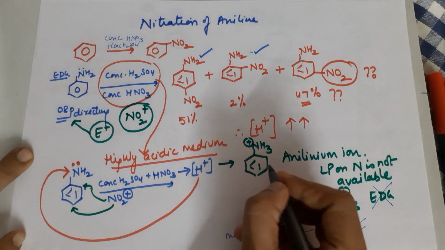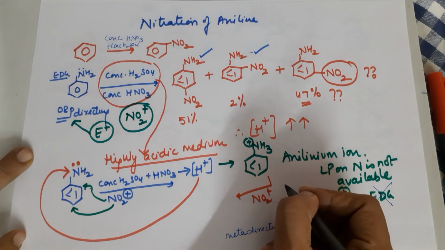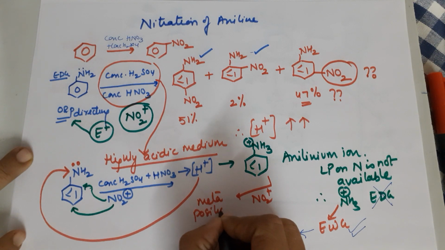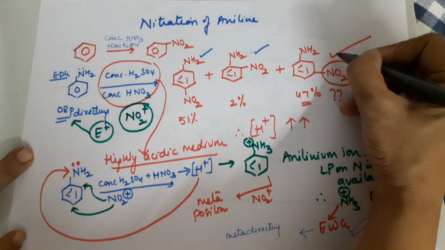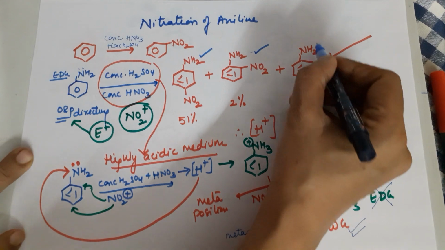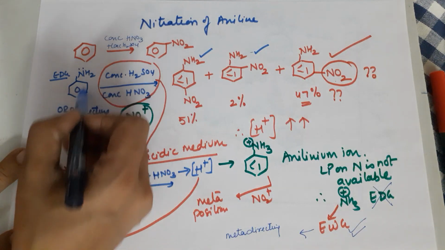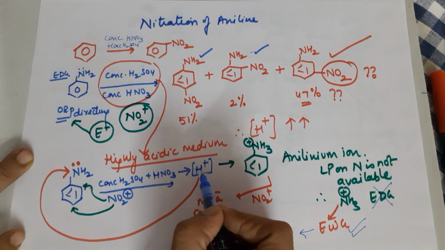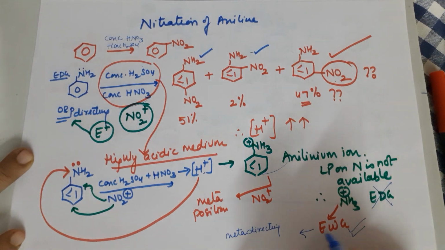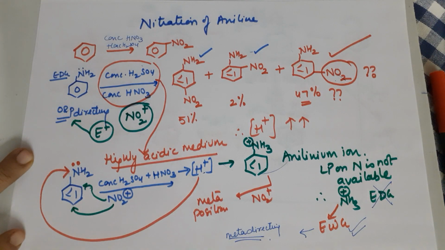Hence अगर इसके ऊपर नाइट्रोनियम आयन अटैक करता है, then it goes to the meta position. Therefore you get a considerable amount of meta product. The reason is NH2 becomes an electron withdrawing group in the acidic medium. The H positive attacks the aniline to form anilinium ion, which is a meta directing group. Hence you get a considerable meta product.